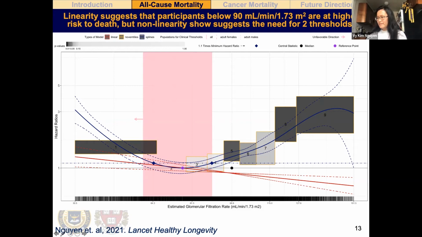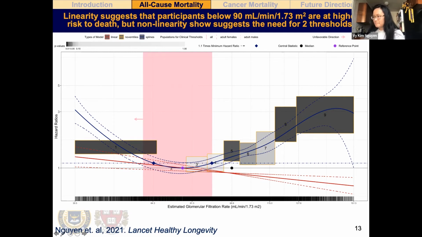But that risk is not as high as when you have very high levels of GFR. When you have GFR levels above 120, your risk of mortality is about 150% higher, almost 2 times, and here up to almost 3 times higher compared to those within this range of about 64 to 80.